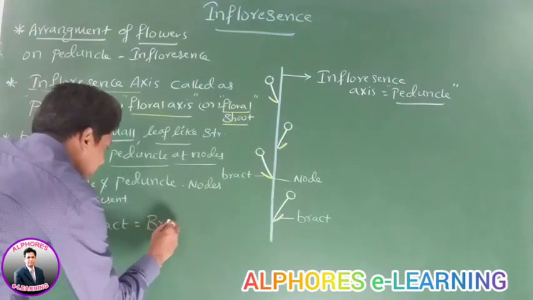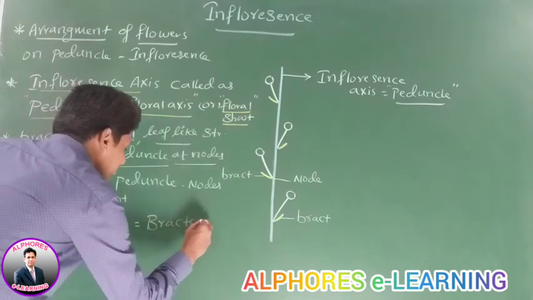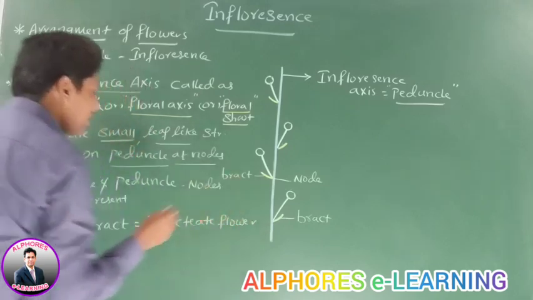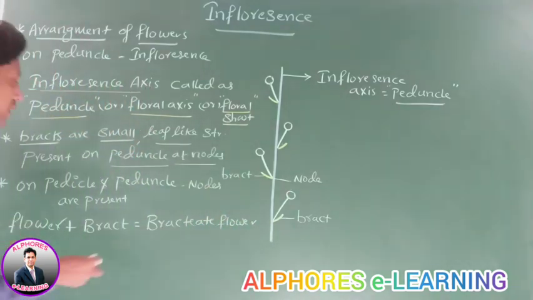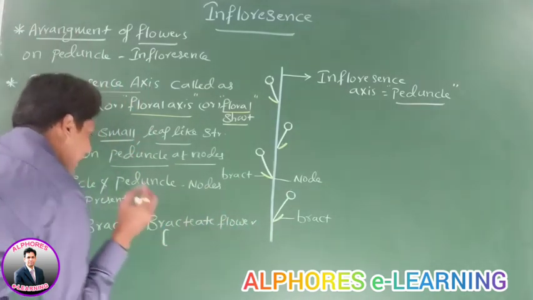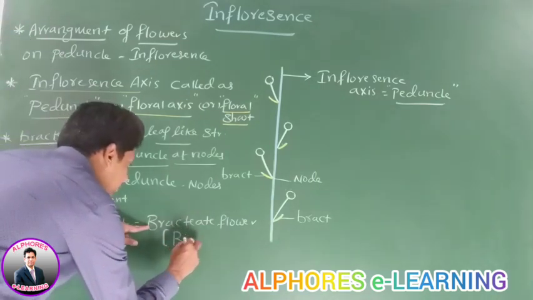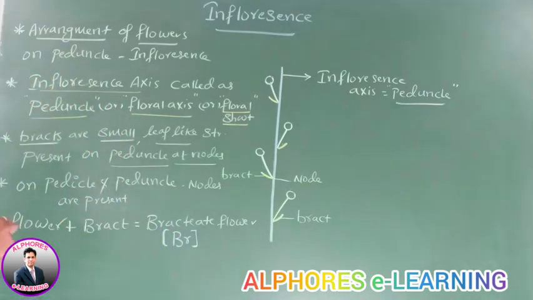Therefore, a flower with bract is called a bracteate flower. What is the symbol for bracteate flower? Capital B, small r. This is the symbol for bracteate flower.